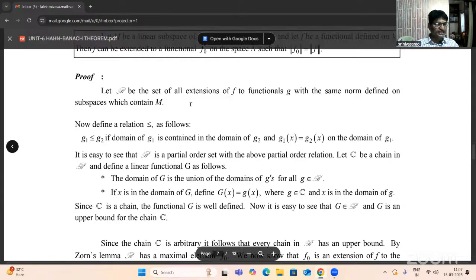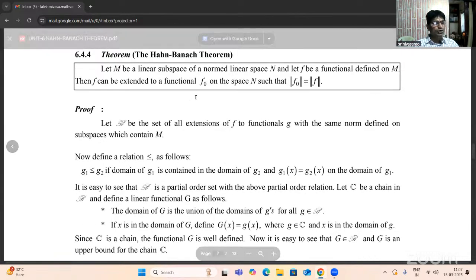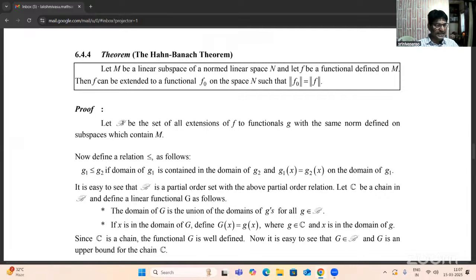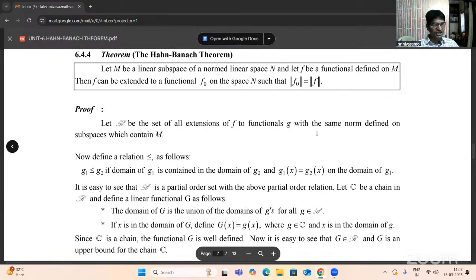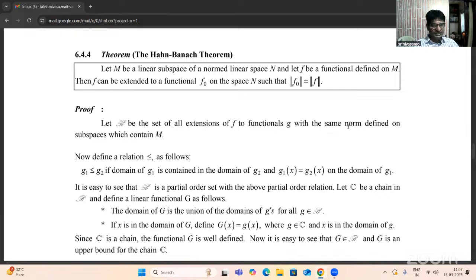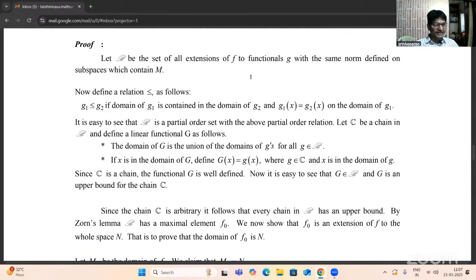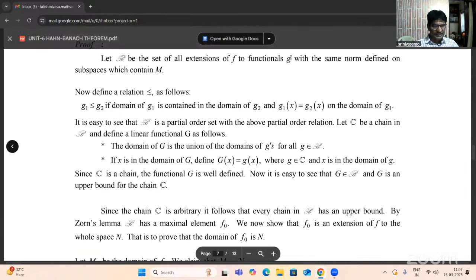Now, students, listen carefully. In this Hahn-Banach theorem, through the linear functional part, the set of all extension functionals is script B. Script B is the set of all extensions of f to functionals g with the same norm, defined on a subspace which contains capital M. Now we take the relation between different extension functionals, g1 and g2.